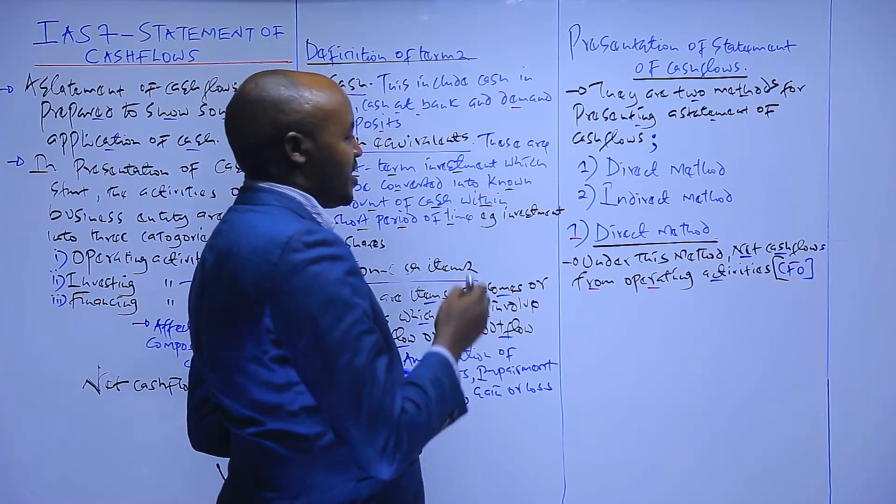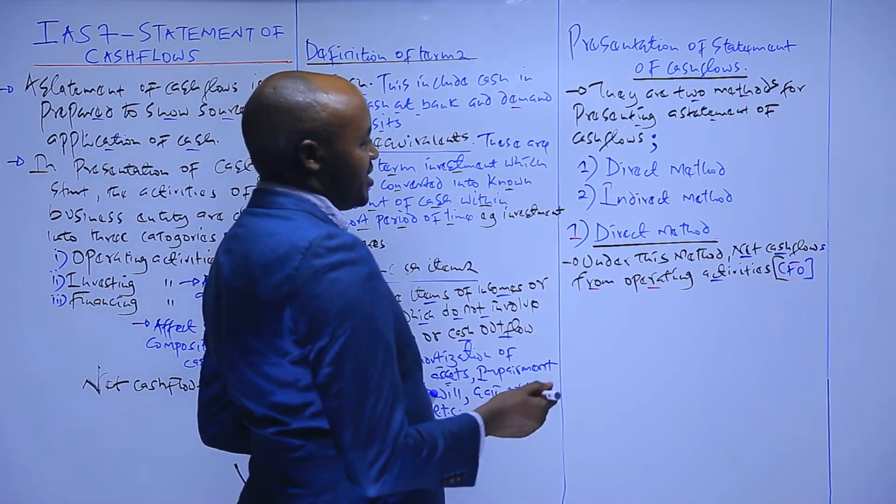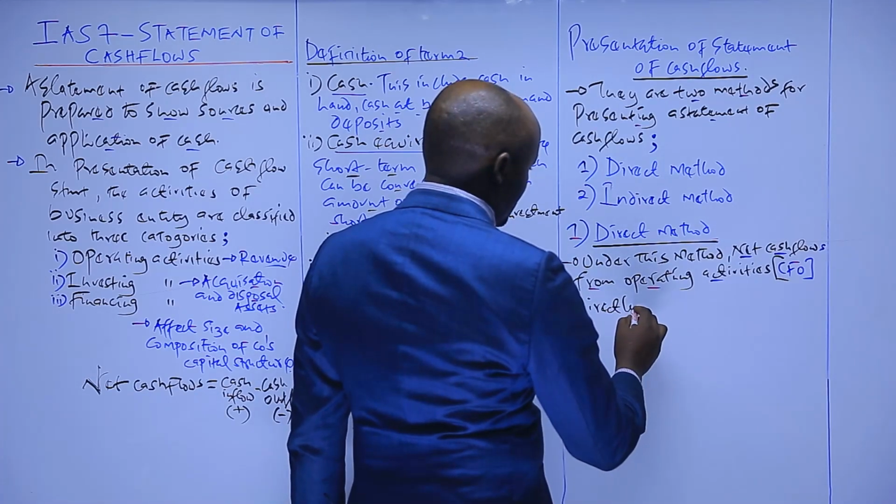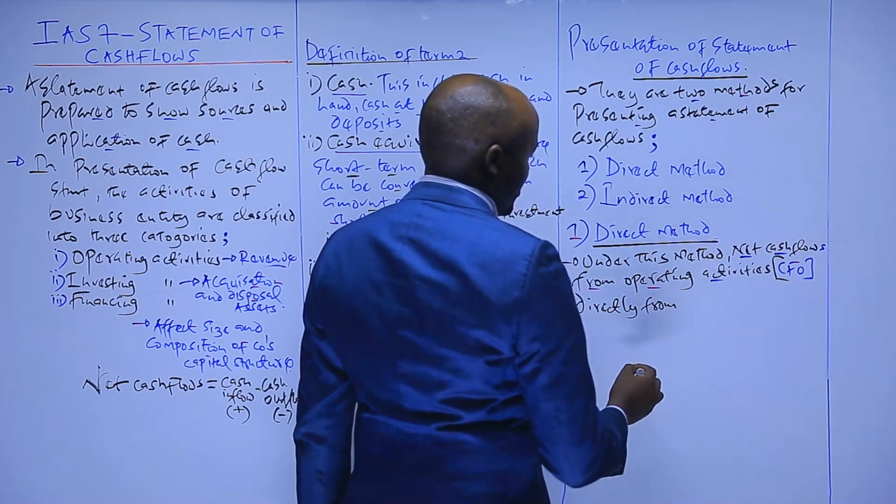Net cash flows from operating activities, which we abbreviate as CFO. CFO is net cash flows from operating activities. We determine the CFO directly from the cash book.